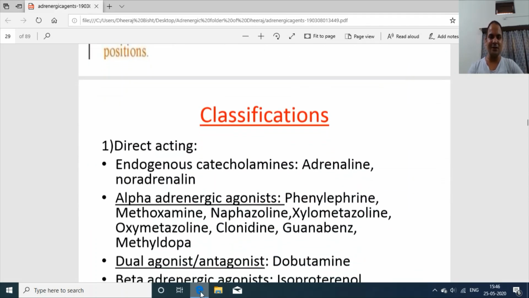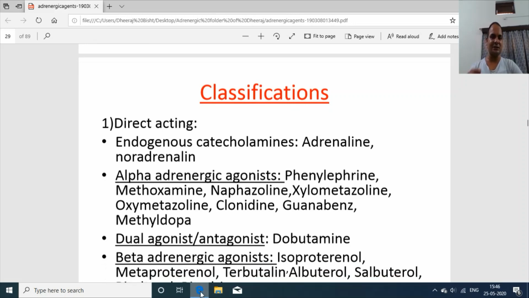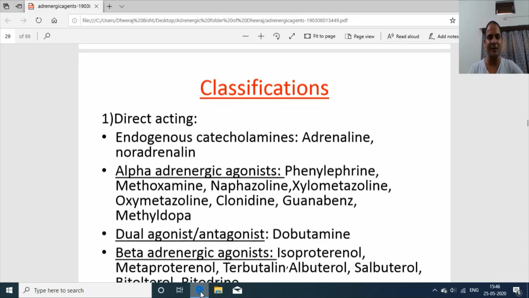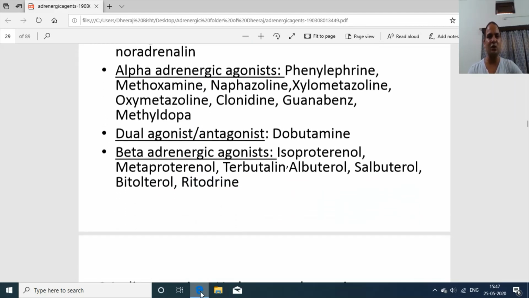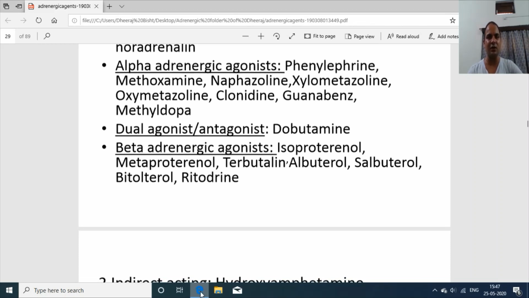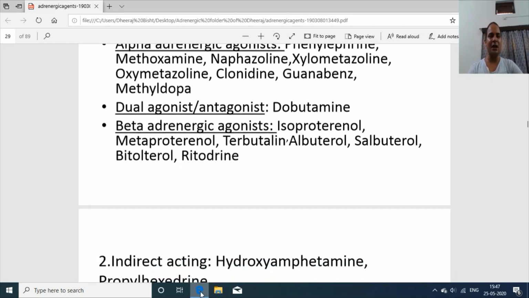Now the classification of these adrenergic drugs. They are classified in the following categories. First is the directly acting drugs. In this, there are different subcategories. There are the endogenous catecholamines, that is adrenaline and noradrenaline; alpha-adrenergic agonists: phenylephrine, methoxamine, naphazoline, xylometazoline, oxymetazoline, clonidine, guanabenz, methyldopa.